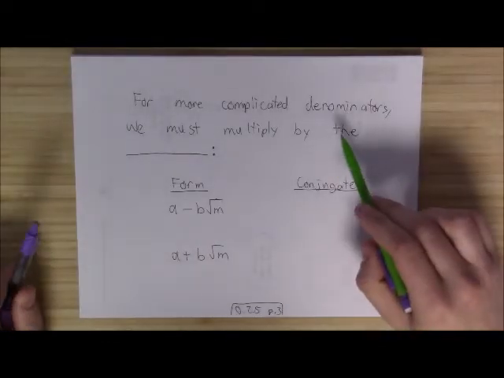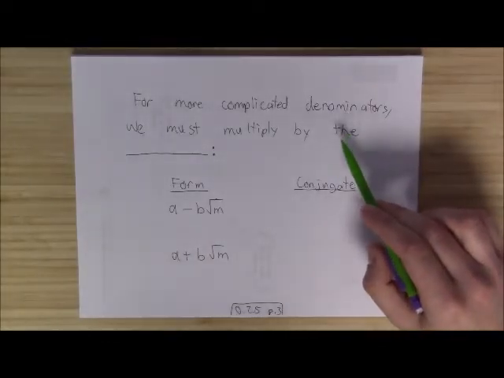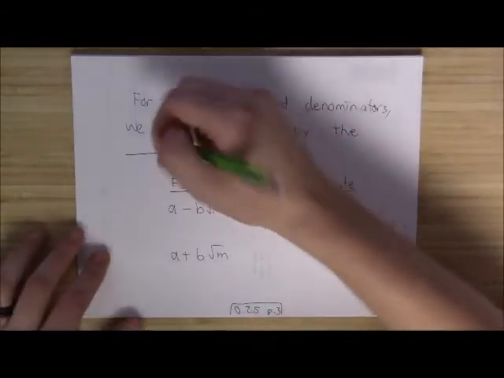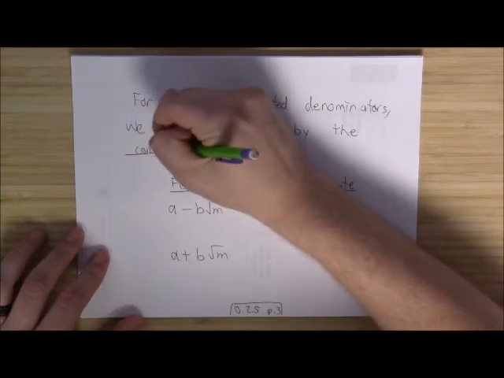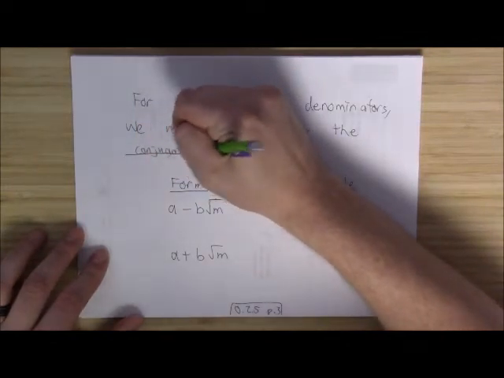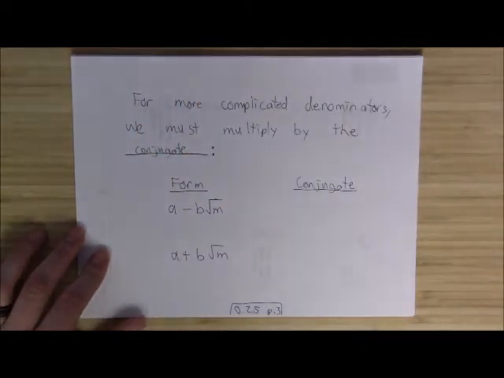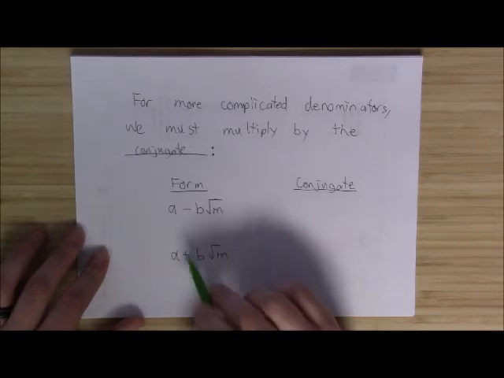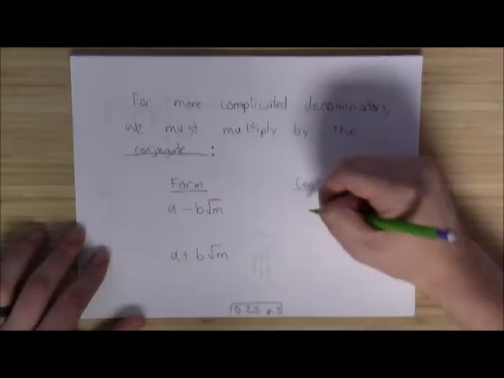For more complicated denominators, we have to multiply by something called the conjugate. So what do I mean by a conjugate? Anytime you have 2 terms and you have a sign with addition or subtraction in between the 2, the conjugate just changes the sign.